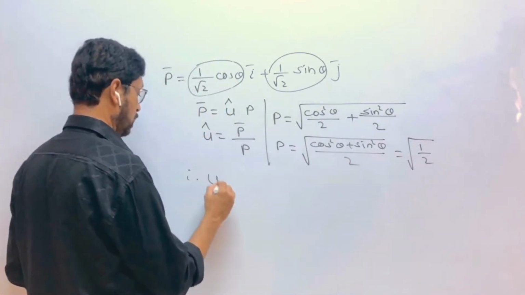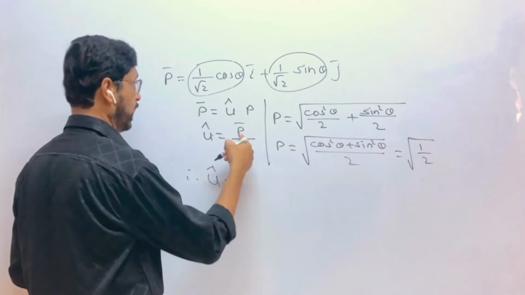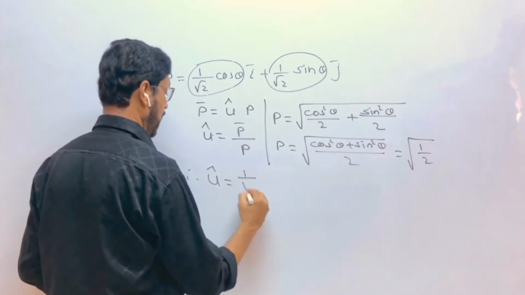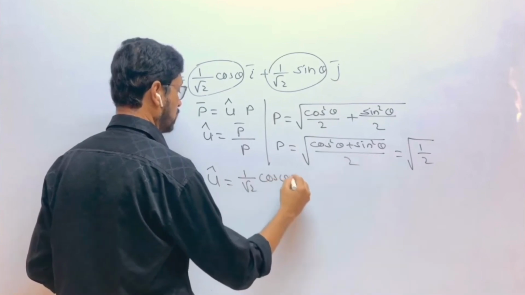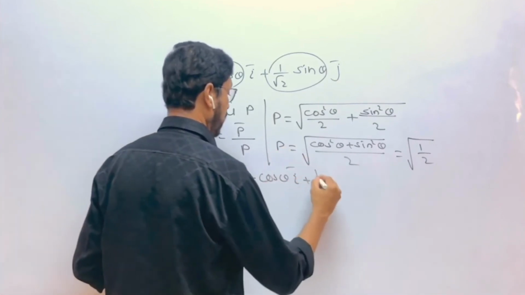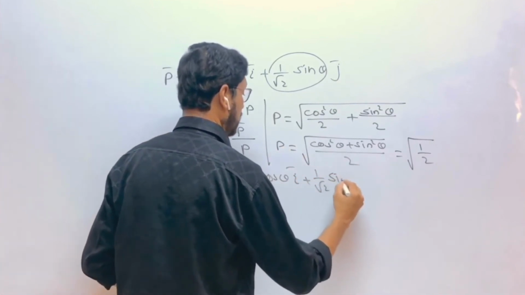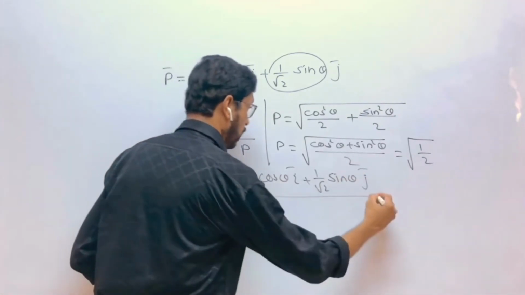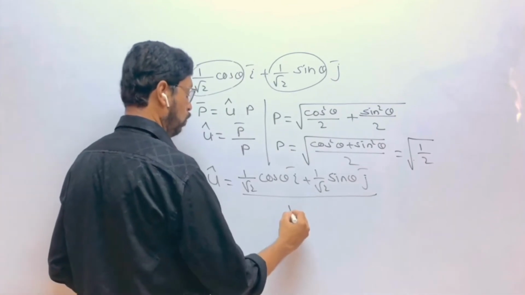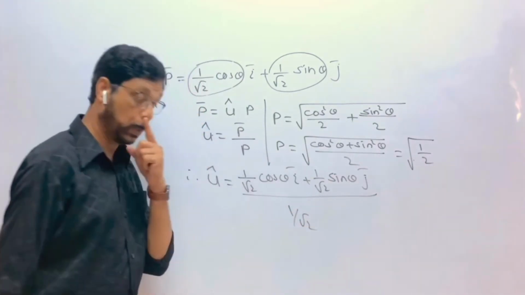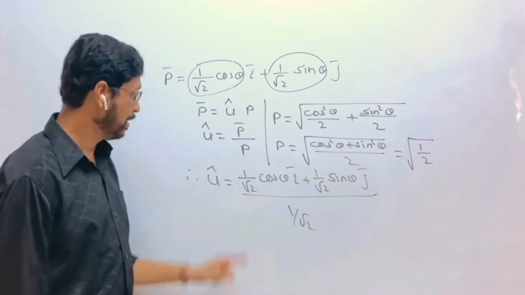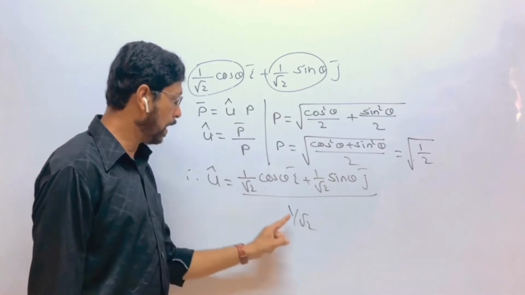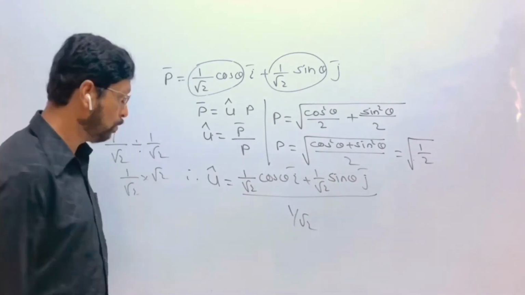Therefore, U will be equal to vector P, that is 1 by root 2 cos theta i plus 1 by root 2 sin theta j, upon magnitude 1 by root 2. Correct? 1 by root 2 upon 1 by root 2 is 1.